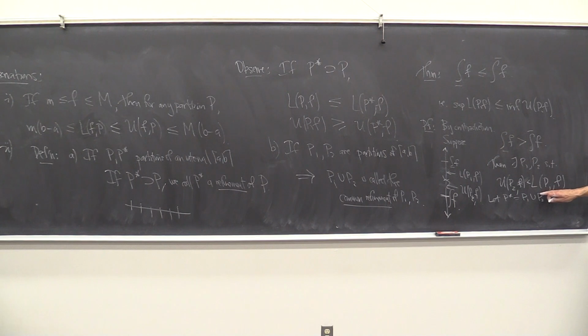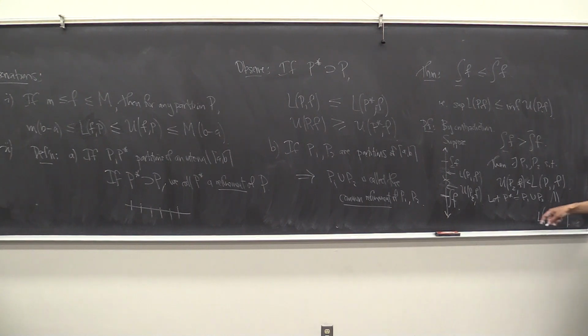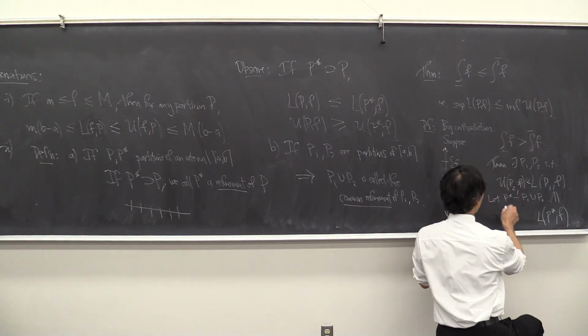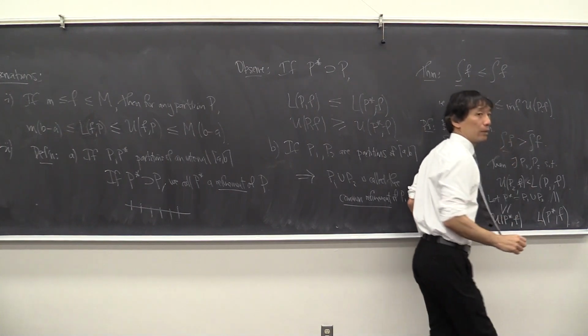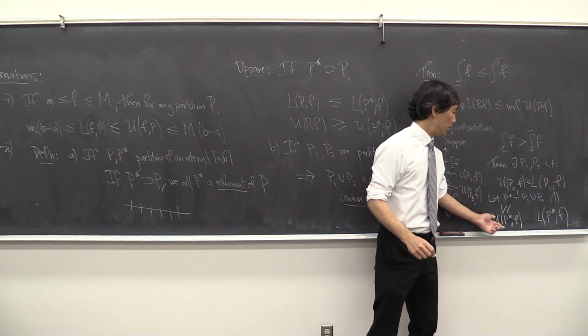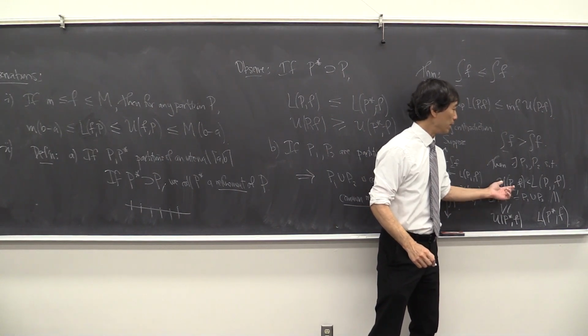Then what can we say about the lower sum on P star? It gets bigger, it'll be larger than that one. And similarly, the upper sum on P star will be less than this one.